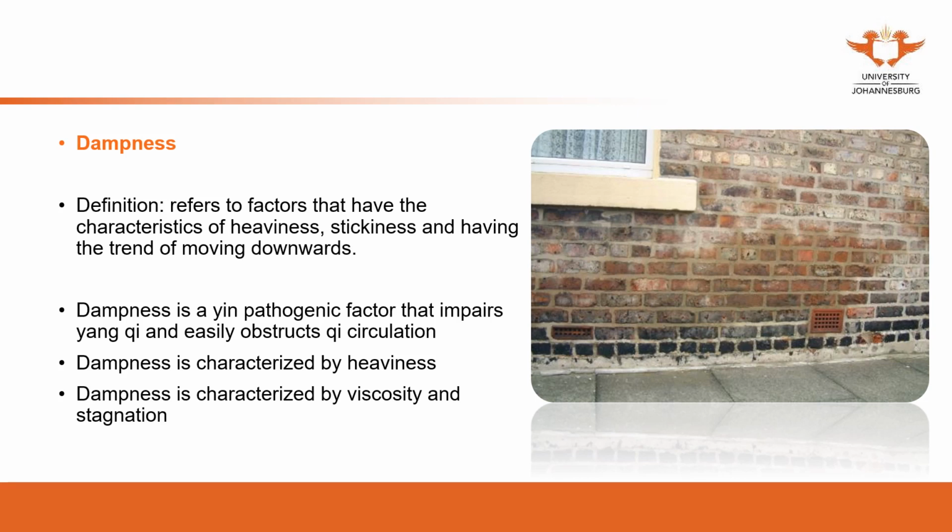If it goes to the uterus in women, it will cause abnormal discharge from the vagina. If dampness happens on the skin, it will cause skin disorders. It depends on which area the dampness goes to, and the dampness will obstruct the circulation of that specific area.